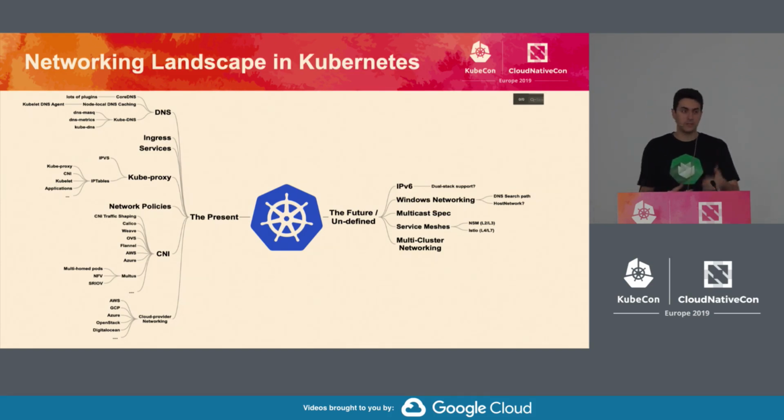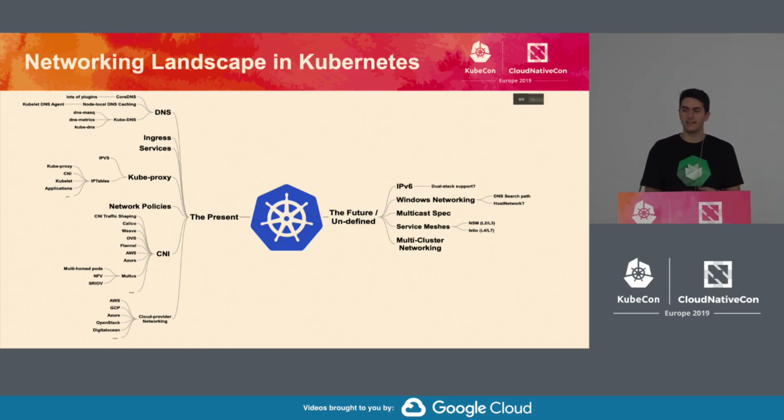There's ingress, there's services, there's kube-proxy with IPVS, iptables. There are also a lot of components that install iptables rules that we need to debug. There are network policies, there's CNI. Each of the CNIs needs a different debugging mentality. And there's also cloud provider networking.